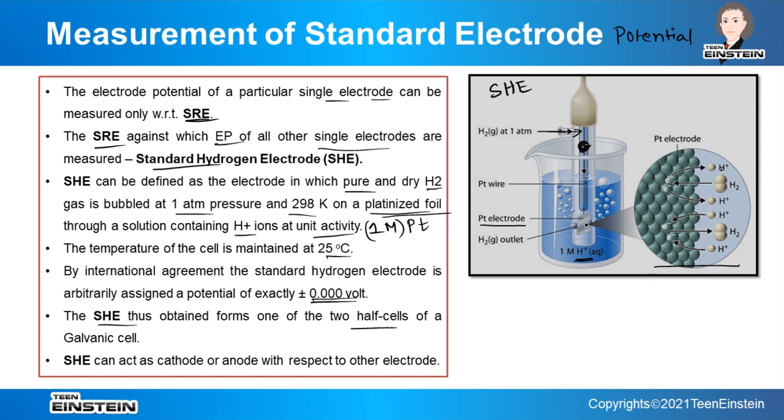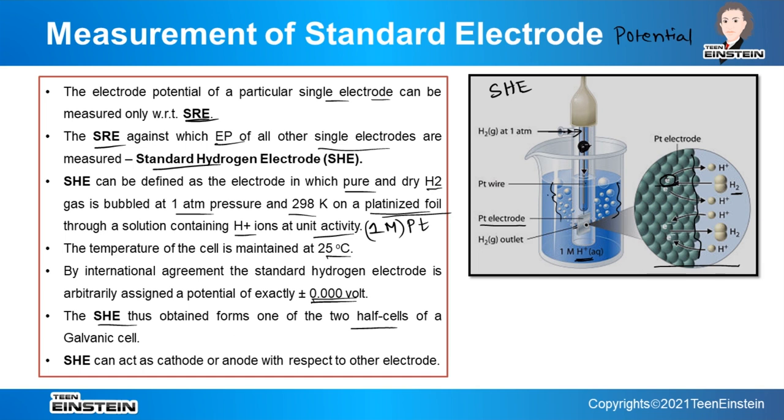So H plus is accepting this electron. This is the surface of platinum. H plus is accepting this electron and it is converted to H2. Okay, so that means there will be bubbles of hydrogen. So these are the bubbles of hydrogen. So at the surface, this electron gain and loss process is going on. So this is one of the half cells, that is SHE.